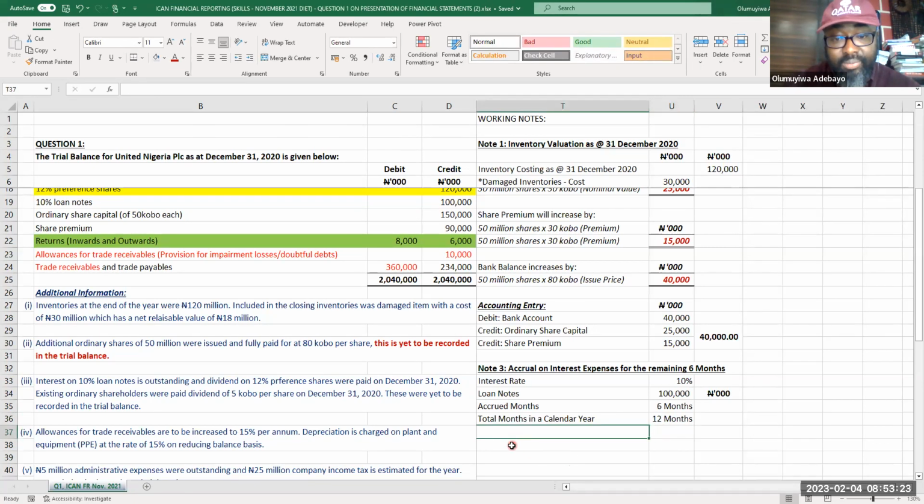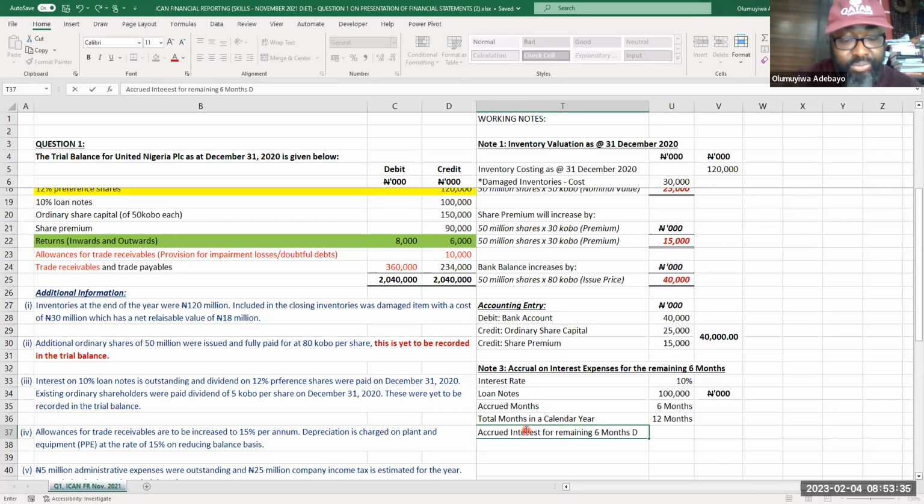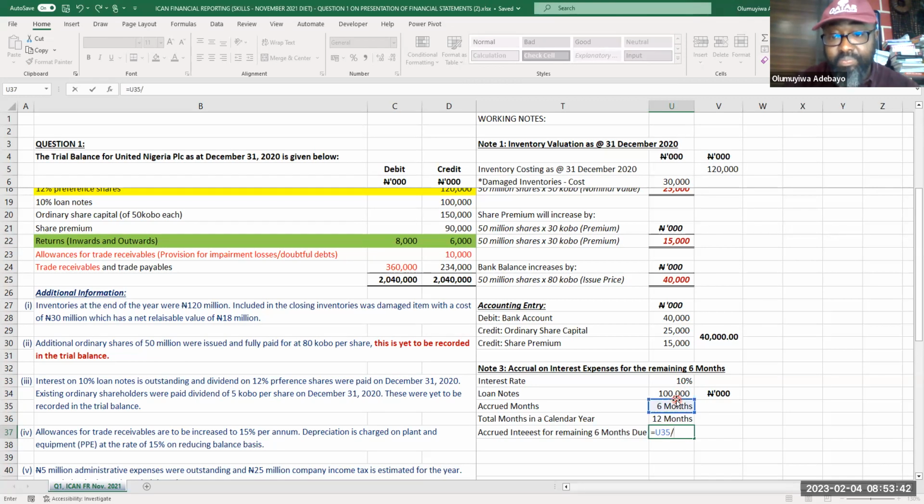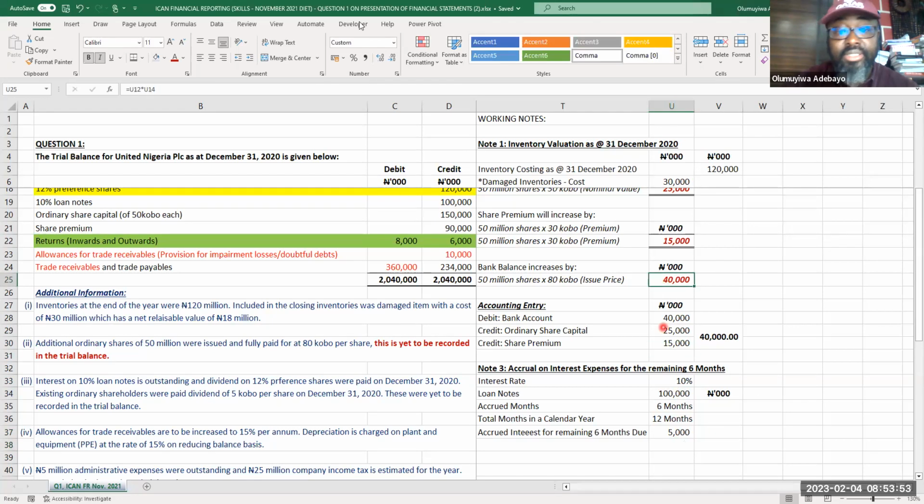Therefore, I can now come here and say accrued interest for remaining 6 months due is 6/12 multiplied by 10% multiplied by 100 million. And that gives me 5 million.